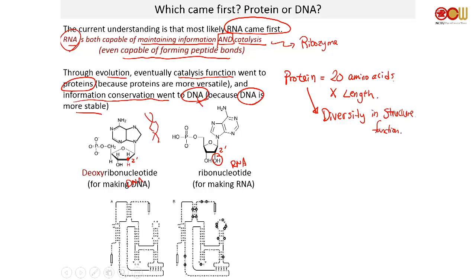RNA, when single-stranded, you can make all sorts of funny-looking structures. For example, they can look like that. And structures are essentially the most important feature in biochemistry.